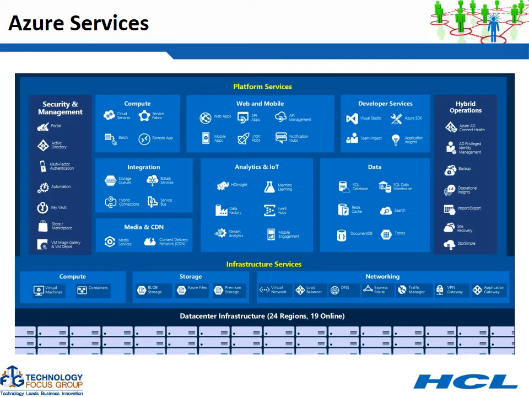Then we have support for other applications like mobile apps, logic apps, and API apps. Next we have the data services, which include the SQL Azure database. We have DocumentDB, Redis cache, and tables. This is for storing and manipulating structured data.